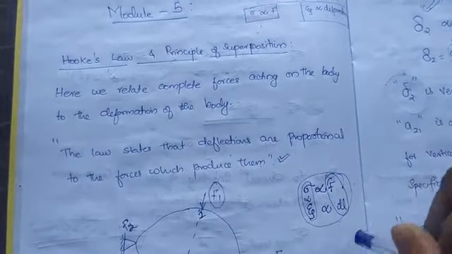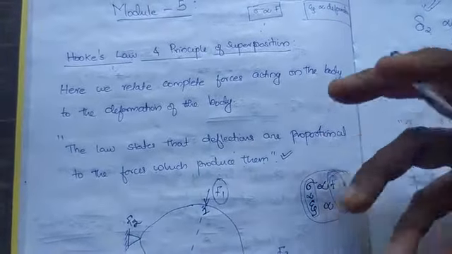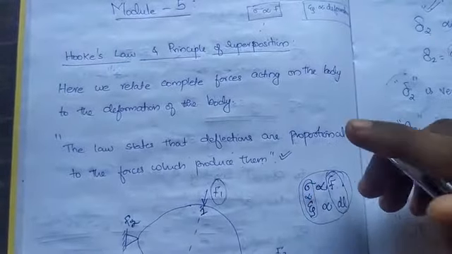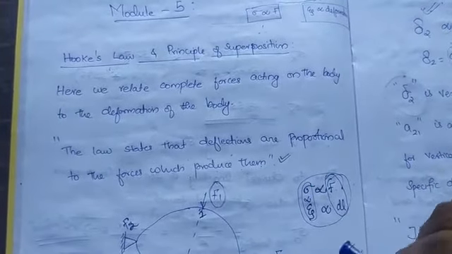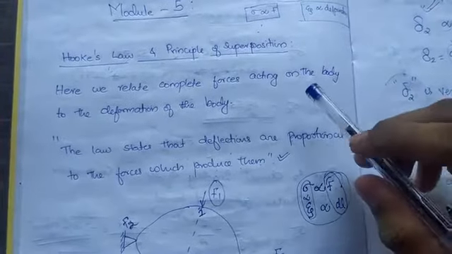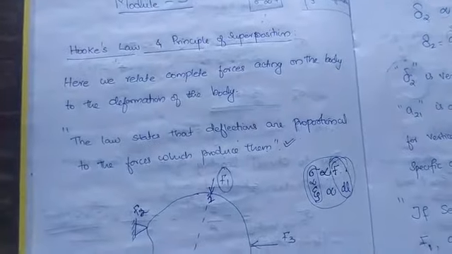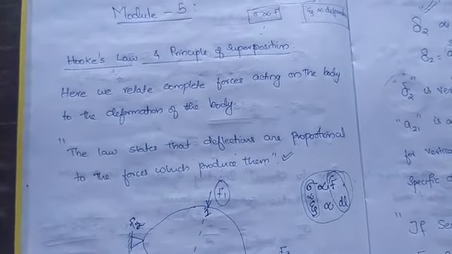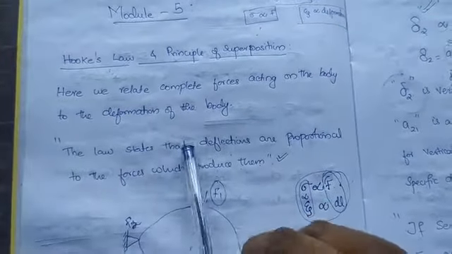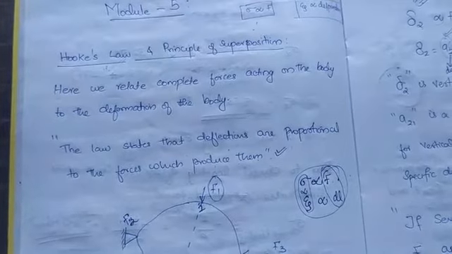Strain is proportional to the elongation, dL, or the deformation that happens. As a result, the force is proportional to deformation or elongation, whatever it may be. So this is what Hooke's law states: deflections are proportional to the forces which produce them.